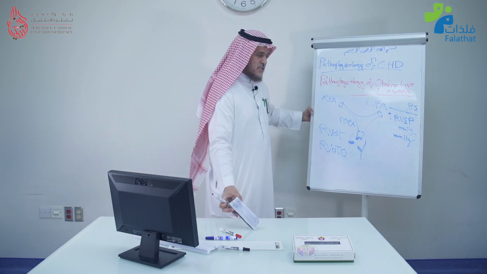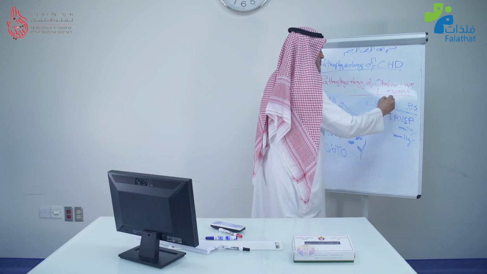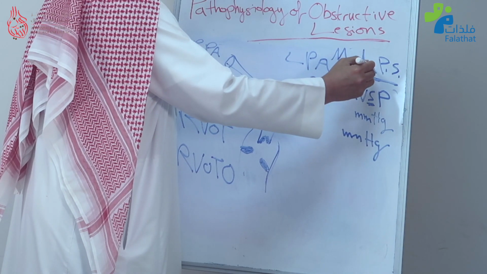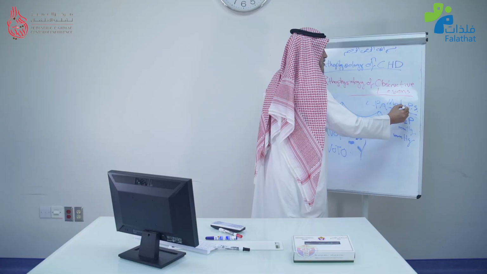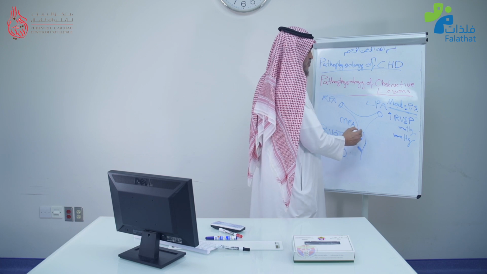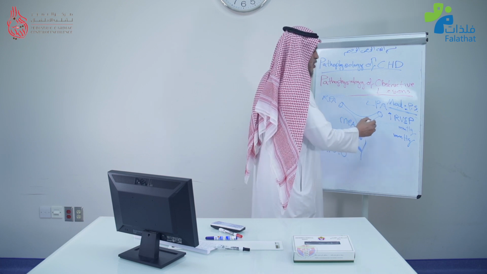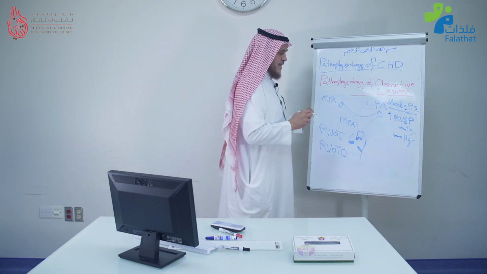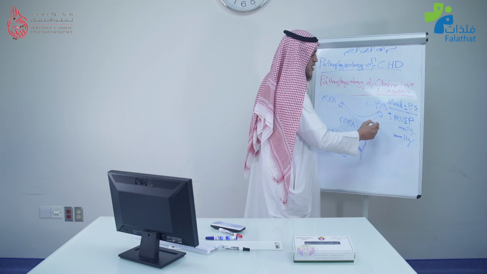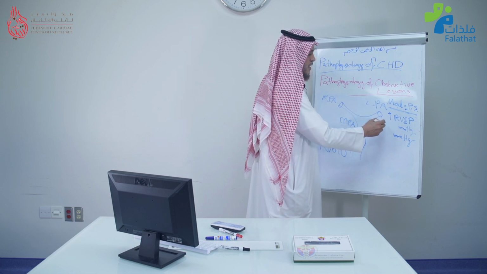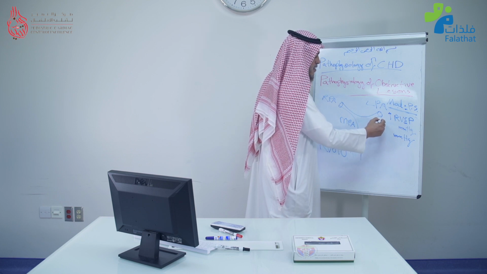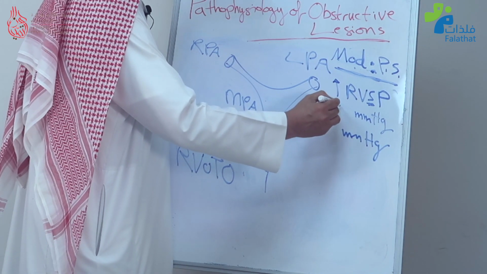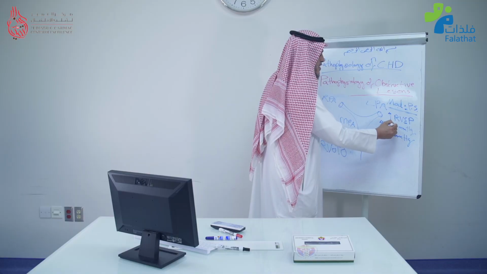Okay, so let's now talk about moderate. Again, moderate PS, whether this is sub-PS, valvar PS, or supra PS, will also elevate the right ventricular systolic pressure. But this time, the right ventricular systolic pressure will be elevated between 45 to 60 millimeter mercury.